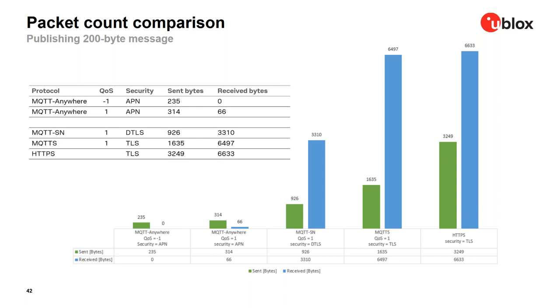Going again to TLS, changing from UDP to TCP this time, you can see that everything is doubling. And the worst solution, as usual, is HTTPS, and you can see that the number is so high, 6,600. Just compare it with 0 in the first solution.